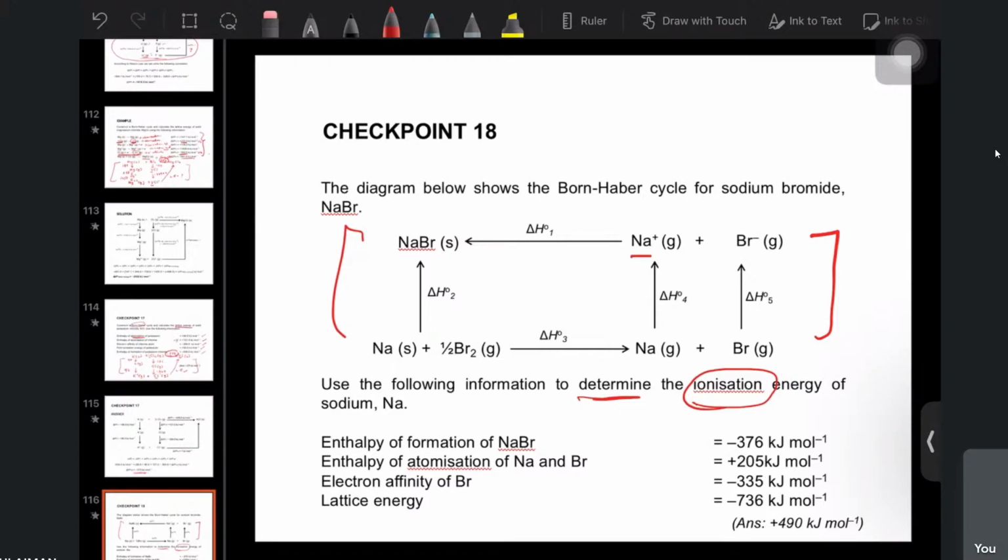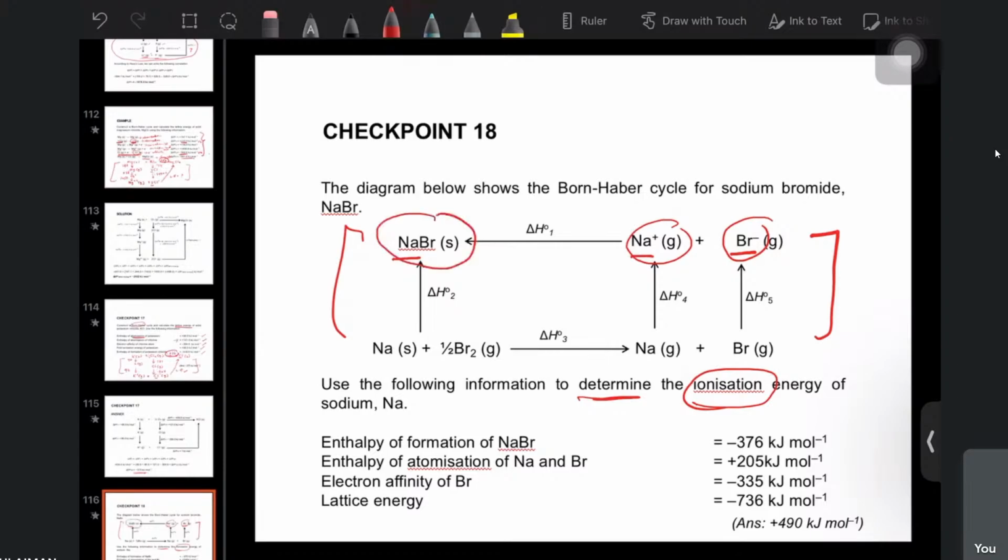This one is from Na plus plus Br minus to NaBr. So what is delta H01, class? Formation? If it is formation, it must be at its standard state. Na plus and Br minus, Na plus plus Br minus become NaBr solid.